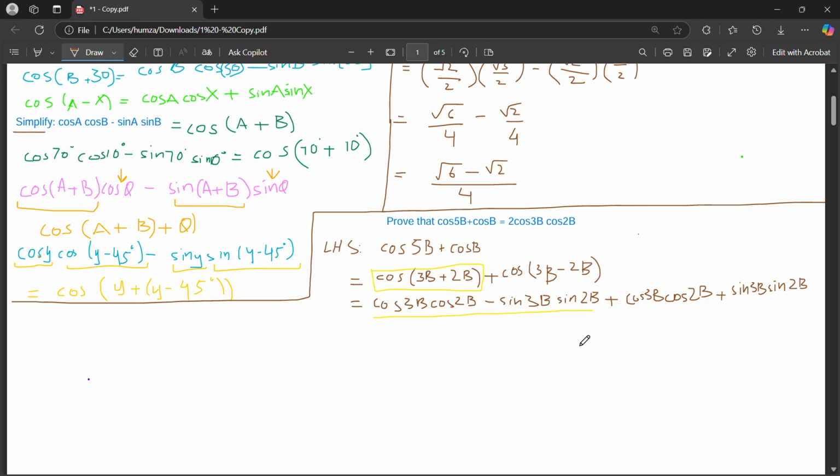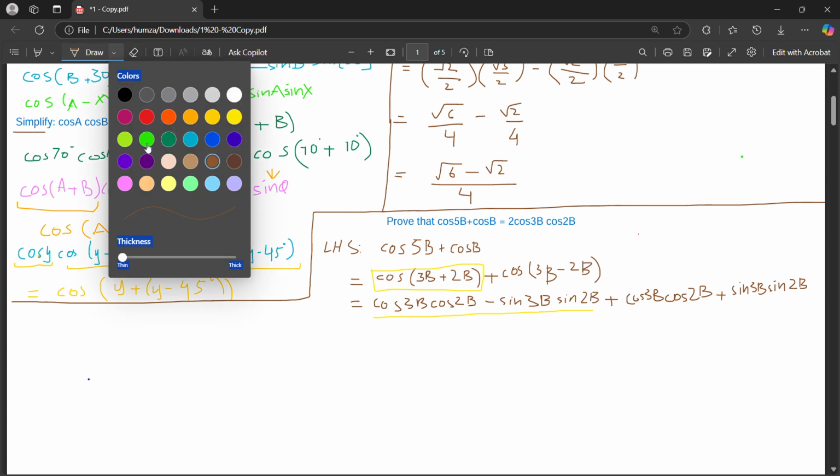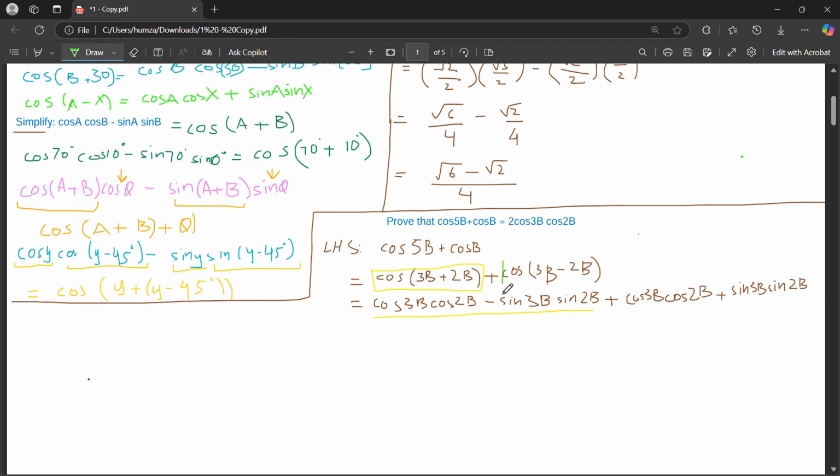Now this can cancel out. So this cos 3b minus 2b is the same as this, so we have the expanded form for this part as well.